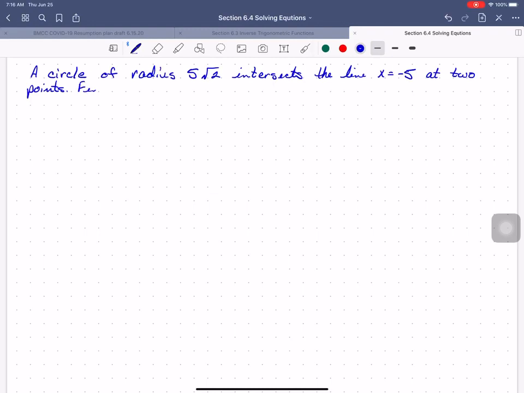Find the angles theta on the interval (0, 2 pi) where the line and circle intersect.